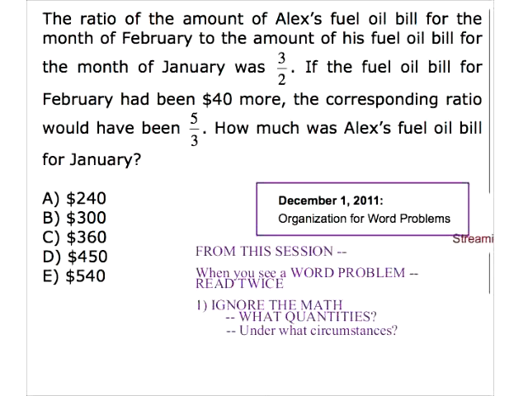And then once you have done that, you can make a chart, because you don't need any math to make a chart. You need math to fill in the chart. But all you need to make a chart is to know what the quantities in the problem are. Then, once you have a chart, go back and figure out the math and fill it in.